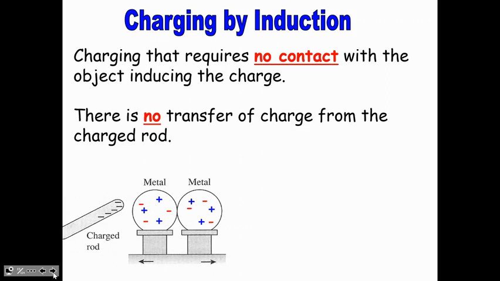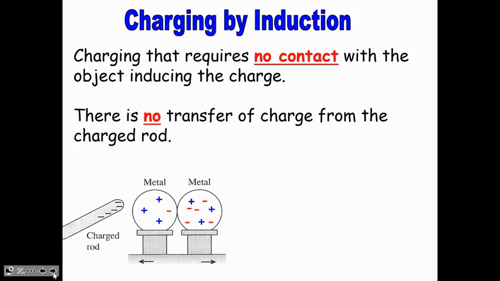Let's say you have, like in the diagram in the lower left-hand corner, a charged rod. Let's say you charged a PVC pipe to be negatively charged, and you bring that charged object close to but not touching two conductive metal spheres that both start out neutral with equal numbers of protons and electrons. When that charged rod is brought close to but not touching the spheres, the electrons within the metal spheres are going to be repelled from that negatively charged rod.